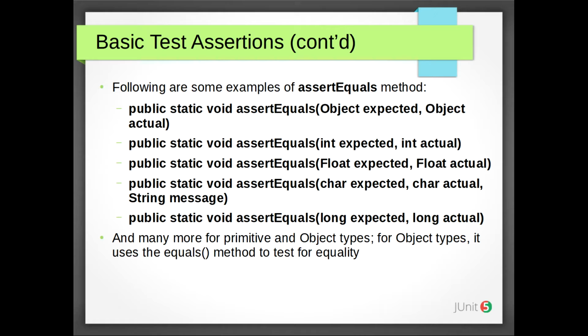Public static void assertEquals float expected, float actual. Public static void assertEquals char expected, char actual, string message.